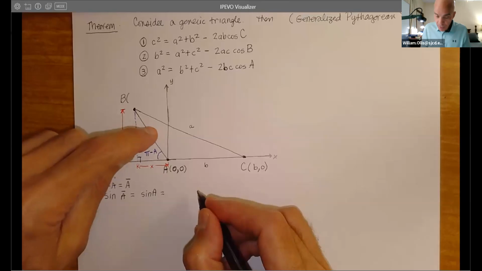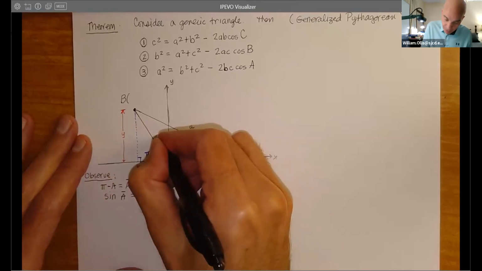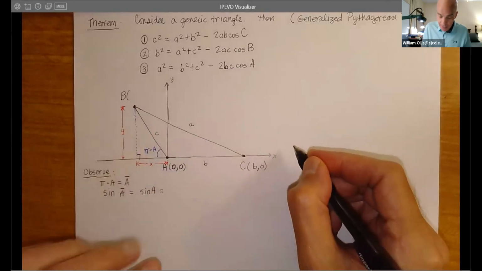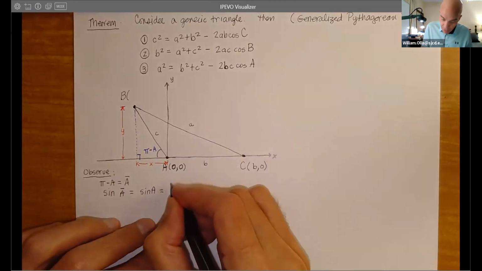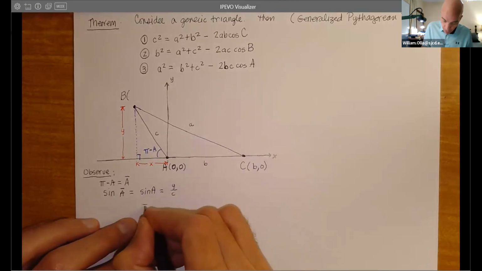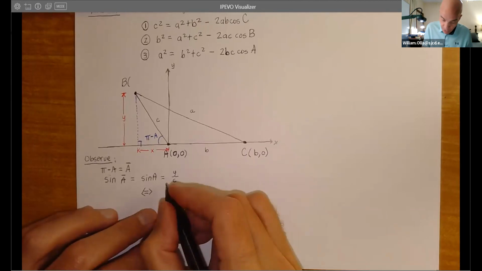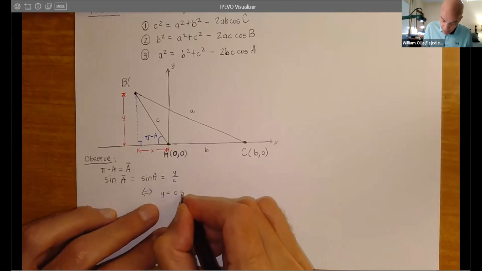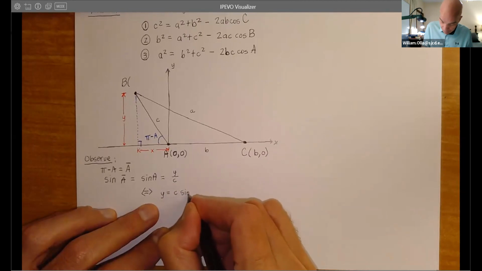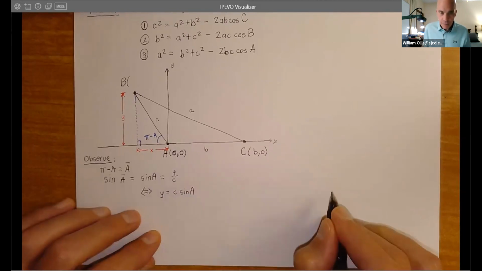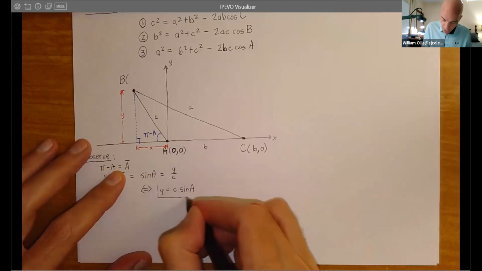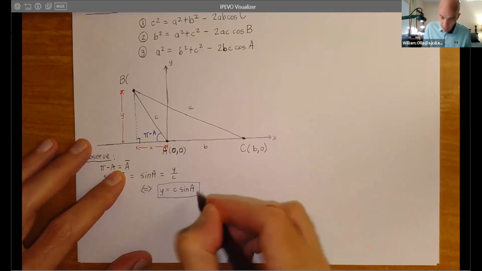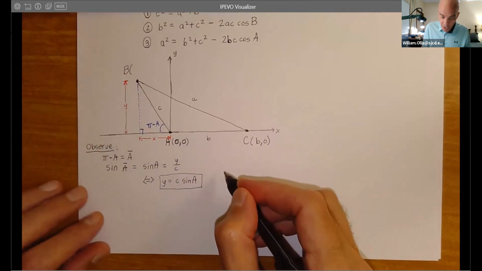Y, and this right here, let me go ahead and label it, that's C, the side opposite. So this will be opposite over hypotenuse, which is Y over C, if and only if Y is equal to C times sine A. Very simple calculations, but very important calculations. Okay, so we'll just put a little box around that because we're going to use that, and we're going to move it up here once we find the x coordinate.